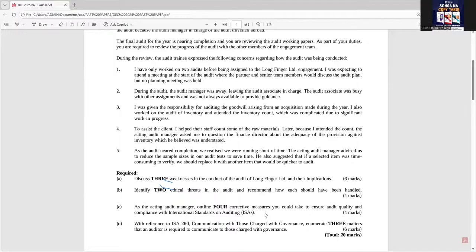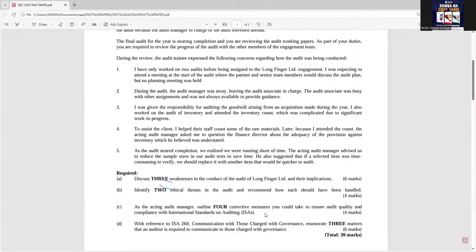Then we also mentioned another weakness: the staff deployed to be engaged in this kind of audit were inexperienced. So ensure you deploy staff who are highly experienced or have relevant expertise to conduct this kind of audit. Then ensure that while you conduct this audit, you do not go against the professional code of ethics.